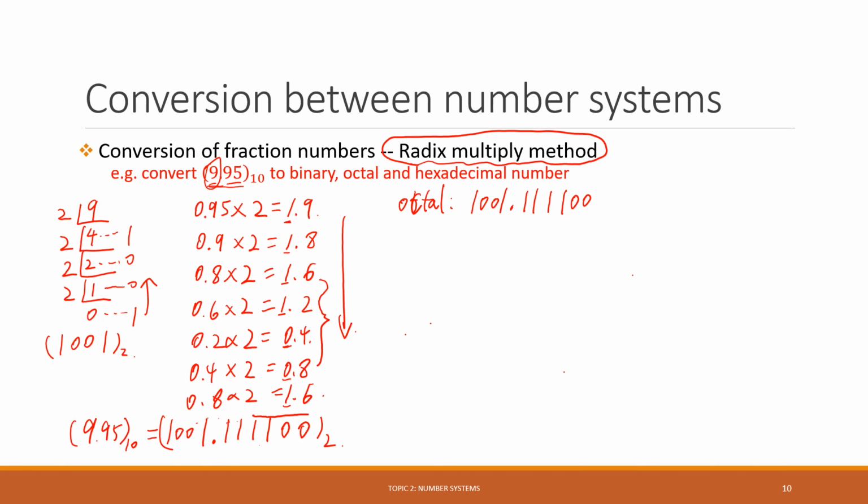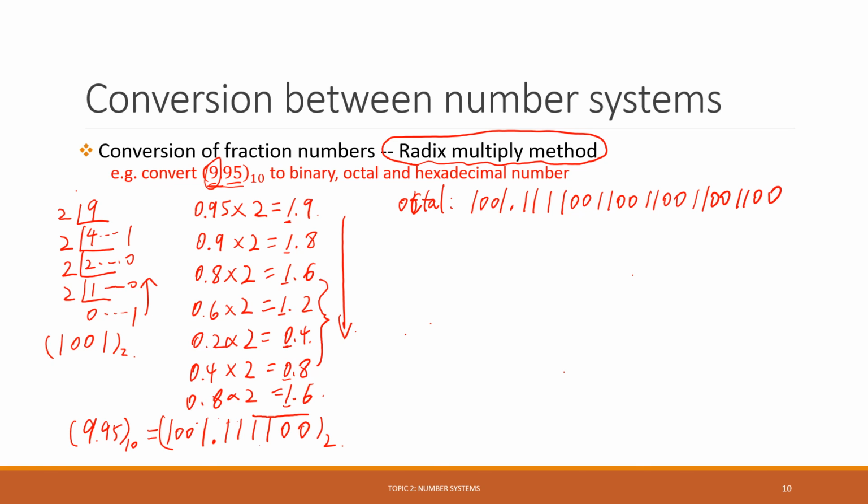I just wanted to show you how to convert from binary to octal for fraction numbers. And then let's repeat this a couple more times. We know this will keep repeating itself over and over again, so we just need enough to find how it repeats in octal and hexadecimal.